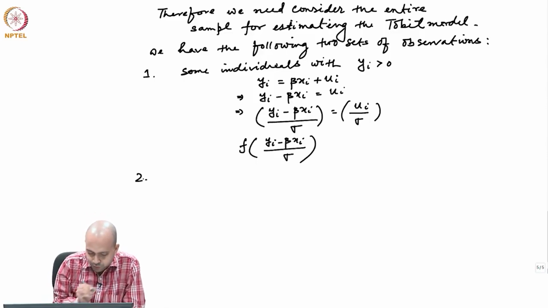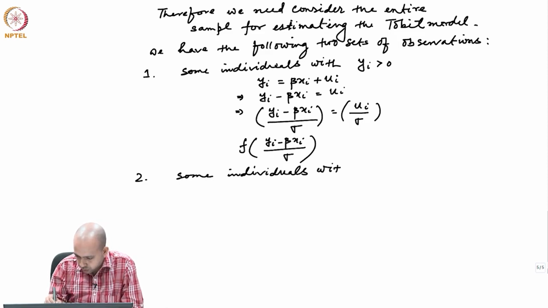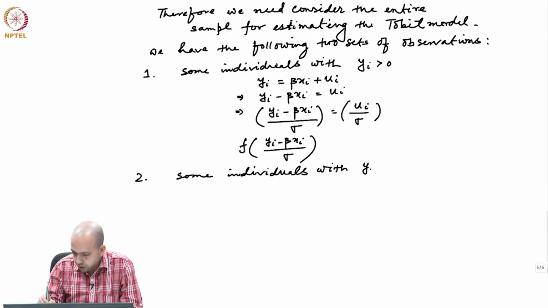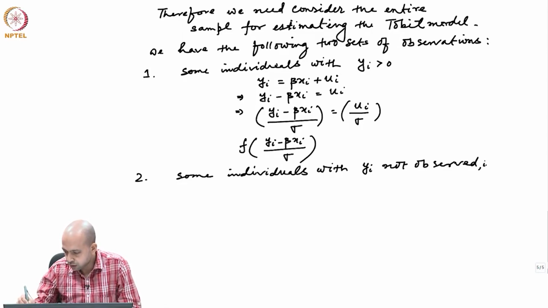And the second set of observations, some individuals with yi not observed. That means yi not observed, meaning yi equals 0.